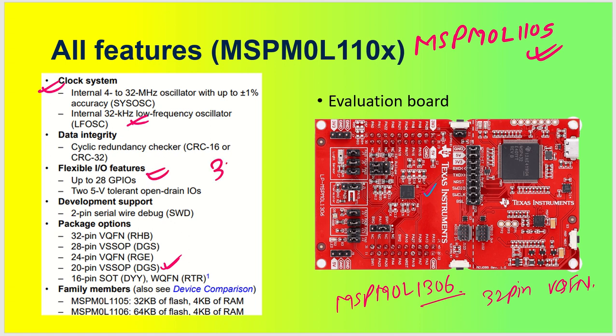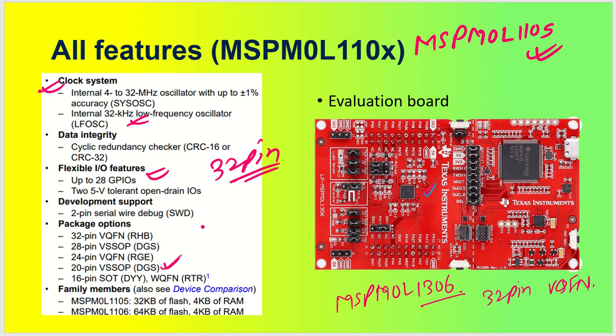If you talk about the 32 pin IC, it can give you up to 28 GPIOs, and it has 2 pins that are 5 volt tolerant as well. So if you have some 5 volt application, it gives you the capability to run on that 5 volt tolerant pin. Then just 2 pins will be utilized for your serial wire debug, that is your development support or programming.